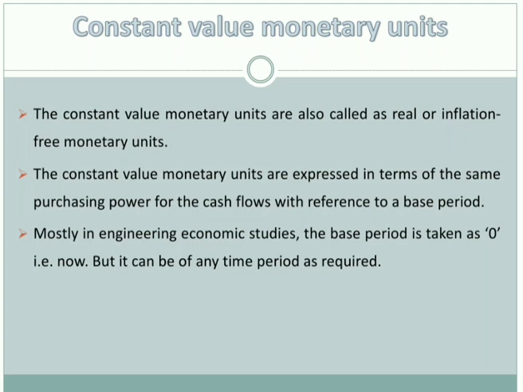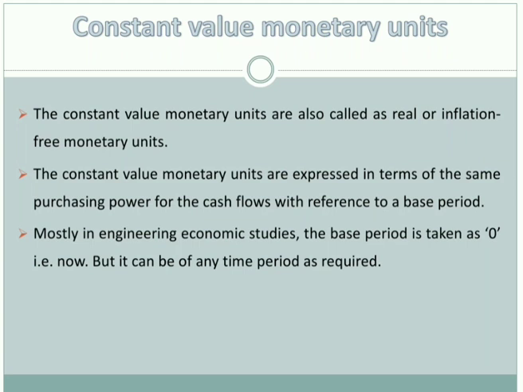We must have heard our parents saying that at that time 100 rupees was a big amount, or 1,000 rupees was a big amount. Why? 1,000 was 1,000 itself, it did not have more zeros. But what was that? That is nothing but the constant value of monetary units.